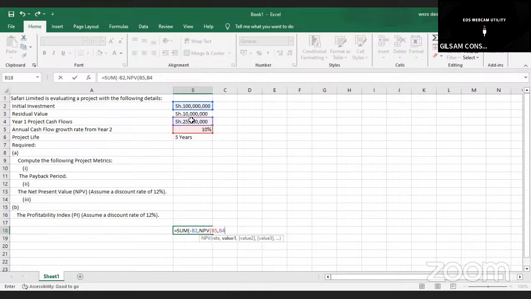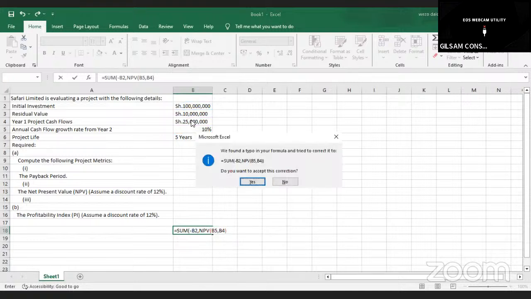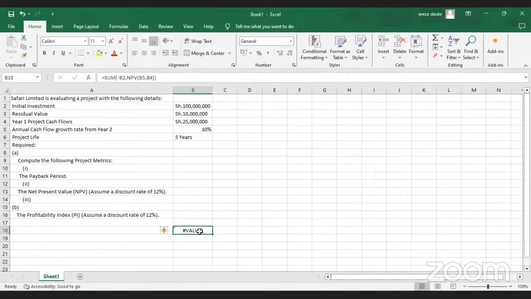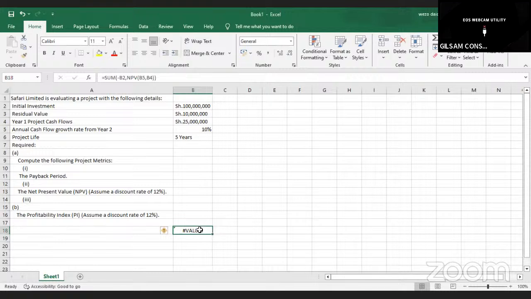Or we can get the present value. We can get the present value. Get the present value of, backspace that.